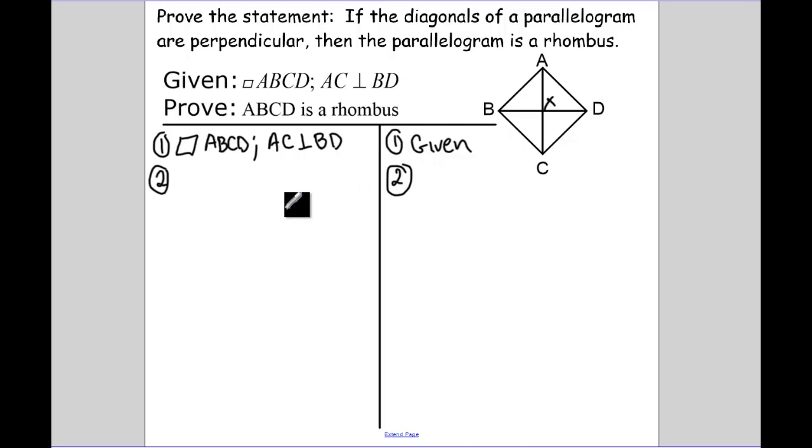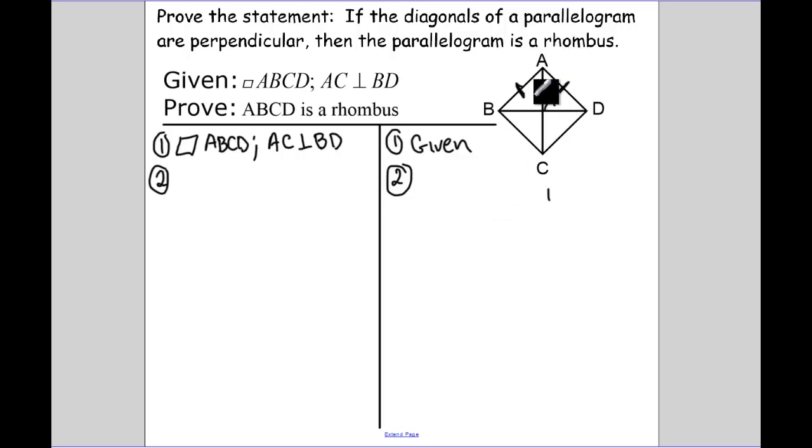Okay. So I'd either need to prove that all the sides are equal, or since we already know it's a parallelogram, if I prove two consecutive sides congruent, then I know we're going to have a rhombus. So let's see how I could prove AB equal to AD. Well, we know AX or AC is perpendicular to BD.